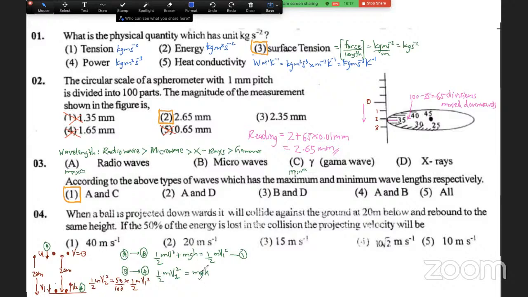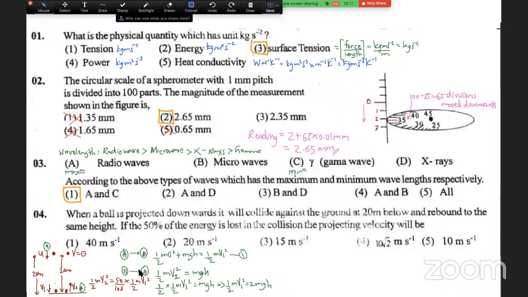I hope that's clear to everyone. Half m v2 squared is equal to mgh. Instead of half m v2 squared, what can I put? I can put half into half m v1 squared equal to mgh, and then that means half m v1 squared is equal to 2 mgh.